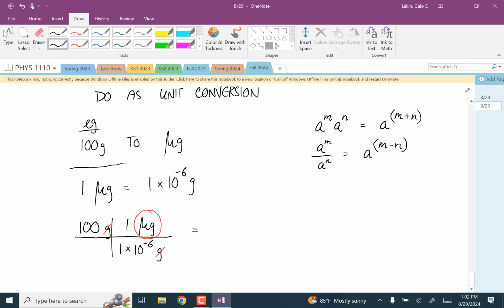So 100 is 10 to the second. And then we're dividing it by 10 to the minus 6th, which means we have 2 minus negative 6, which means we have 1 times 10 to the positive 8 micrograms.